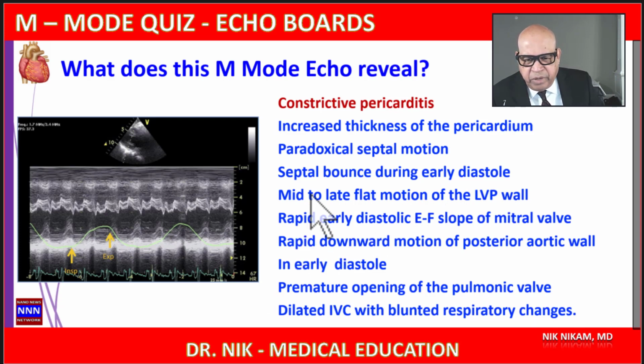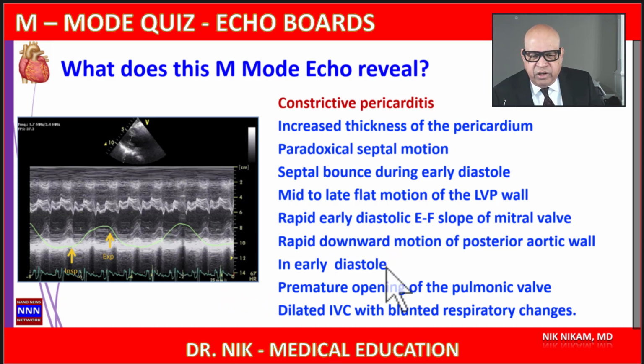And now look at the mid to late flat motion of the left ventricular posterior wall. This is important: if you look here, it's like a straight line, the left ventricular wall motion. That means it is a standstill during the mid to late diastolic phase. Again, there's a rapid early diastolic E to F slope, which we don't have on this tracing.